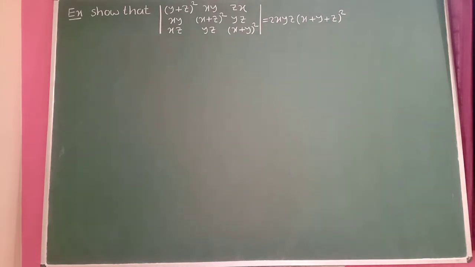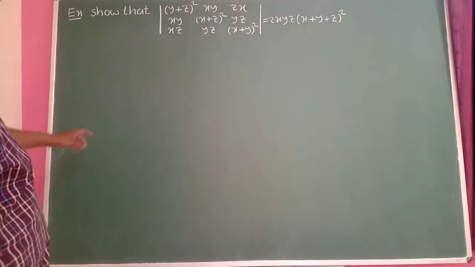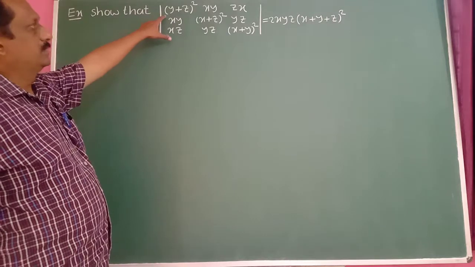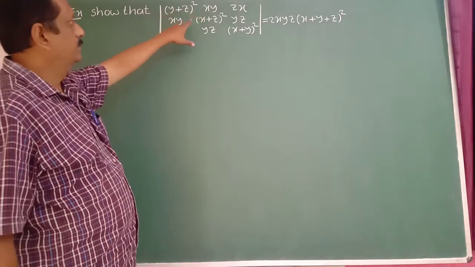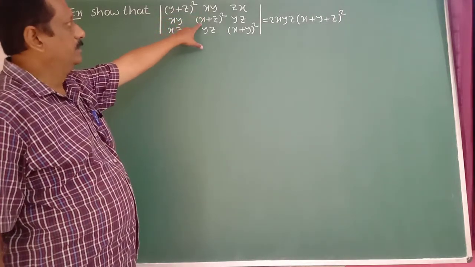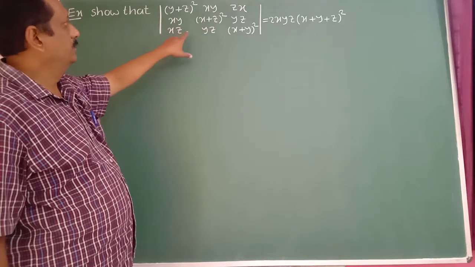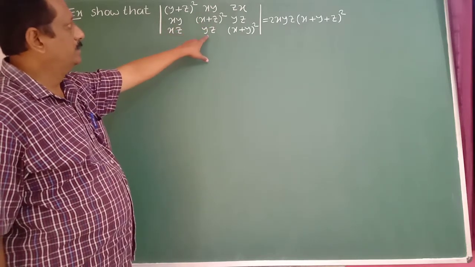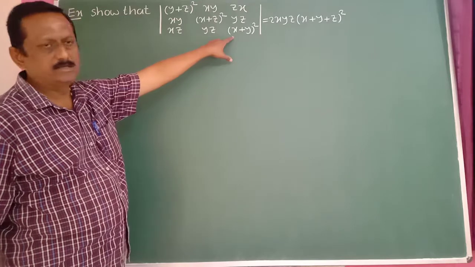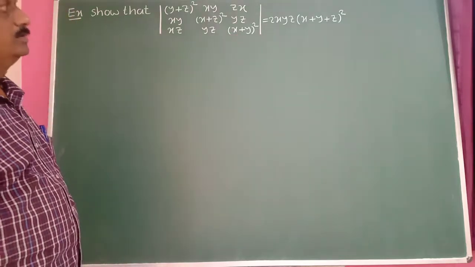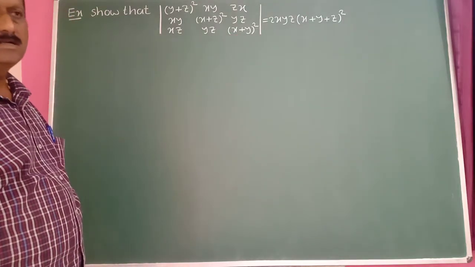Show that the determinant of y plus z whole square, xy, zx; xy, x plus z whole square, yz; xz, yz, x plus y whole square is equal to 2xyz into x plus y plus z whole square.